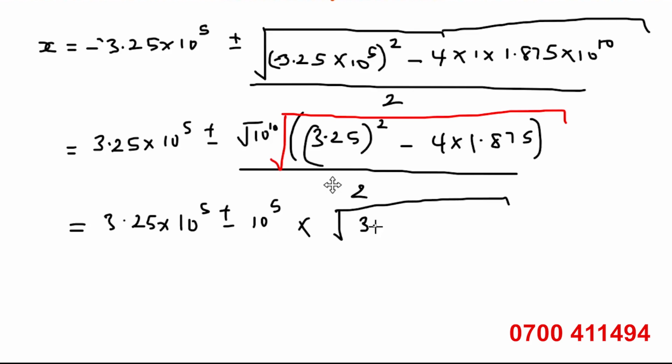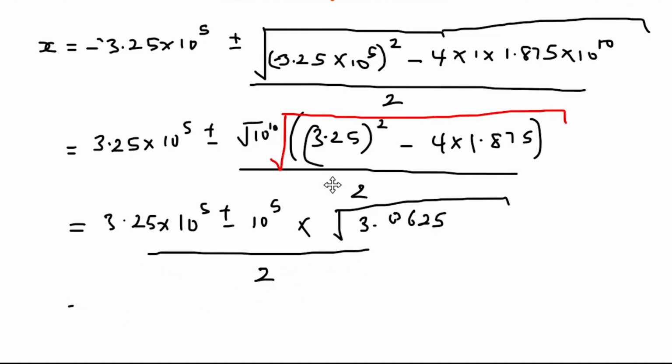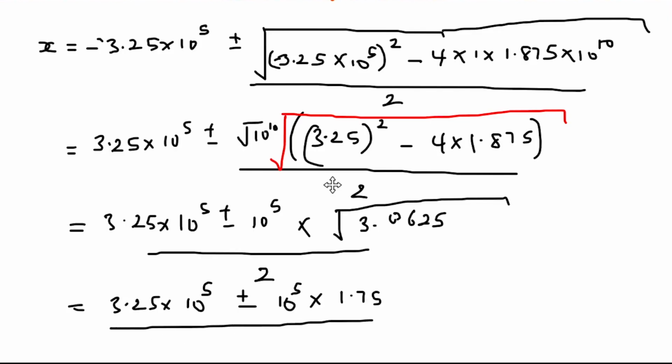It will give you 3.0625 over 2. This gives us 3.25 times 10 to the power 5 plus or minus 10 to the power 5 times the square root of this, which is 1.75 over 2.